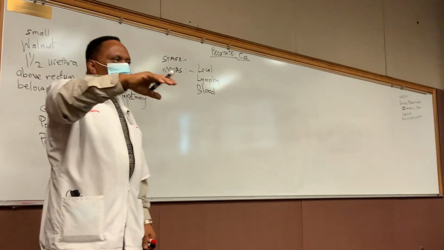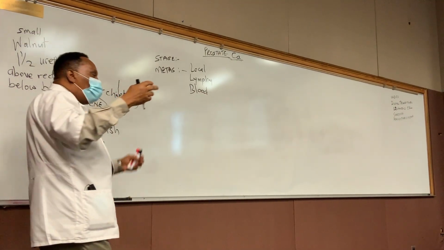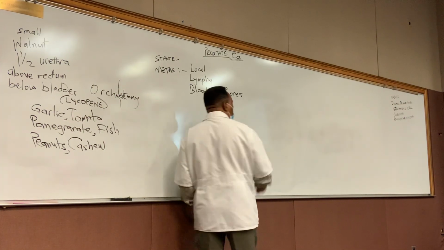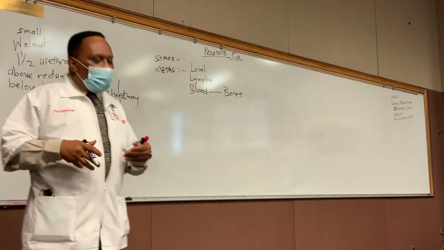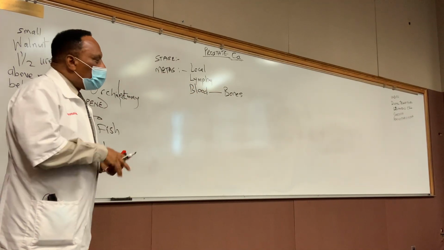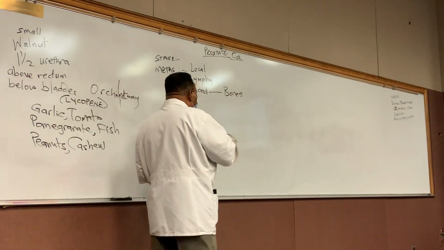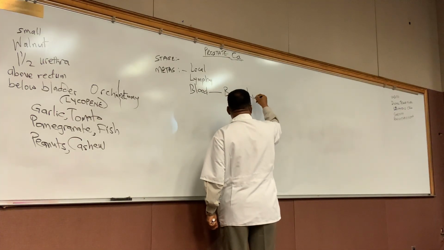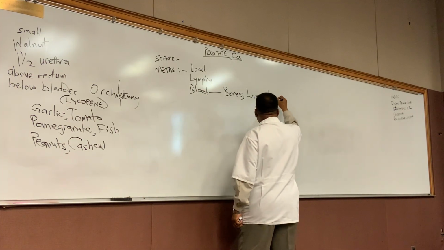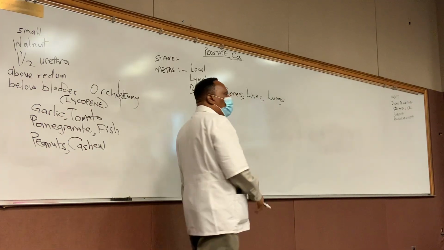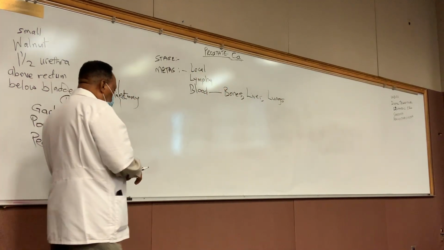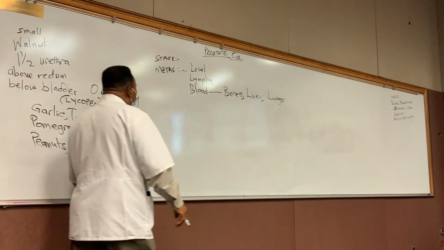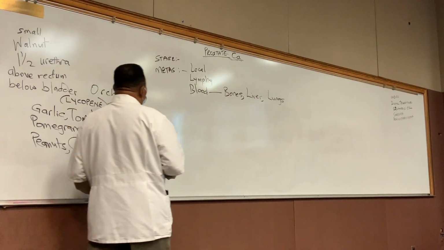When it spreads through the bloodstream, the most common place that it goes to is the bones. That's why you can do a scan of the bones to see whether it has come over there. And then it can spread to the liver and then to the lungs. So that's how it metastasizes or spreads.